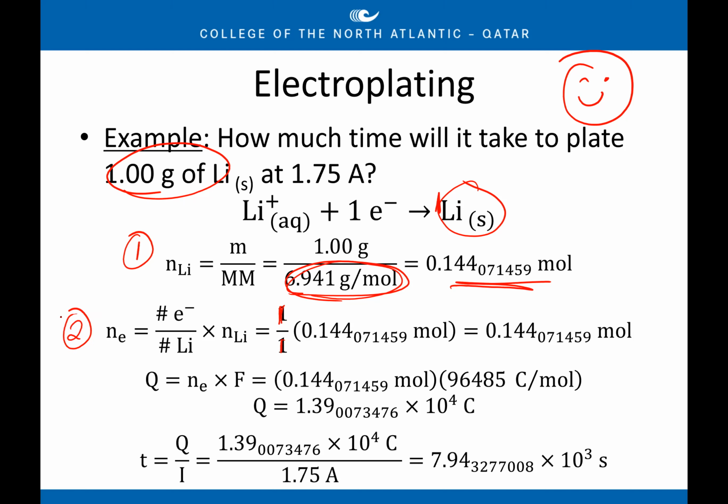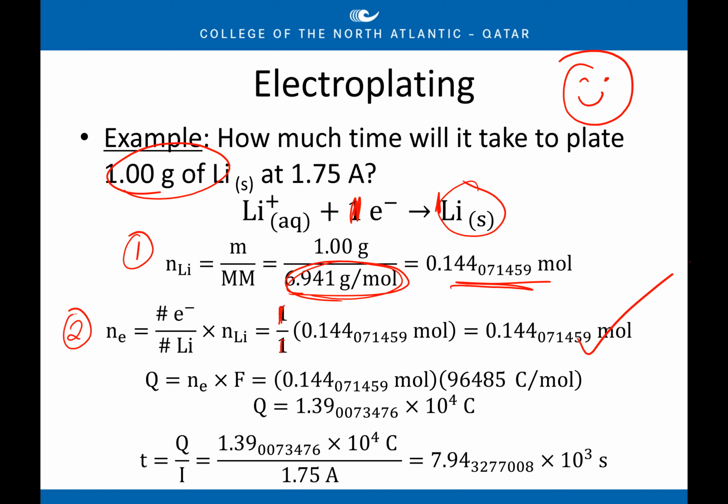Step number 2 is to find my moles of electrons. This is just my mole ratio, 1 and 1. Okay, honestly, guys, step 1 and step 2, that's review from Chemistry 1120. Even though we didn't talk about electrons, calculating moles and using mole ratio, easy.